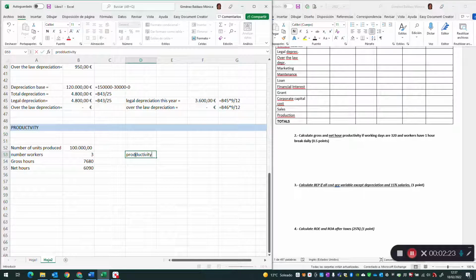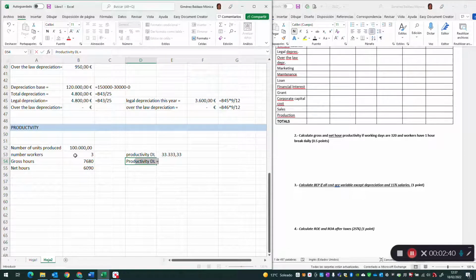So I'm going to do the productivity for the direct labor, although the exercise does not ask for it, but I'm going to do it. And this is dividing 100,000 by the number of workers.